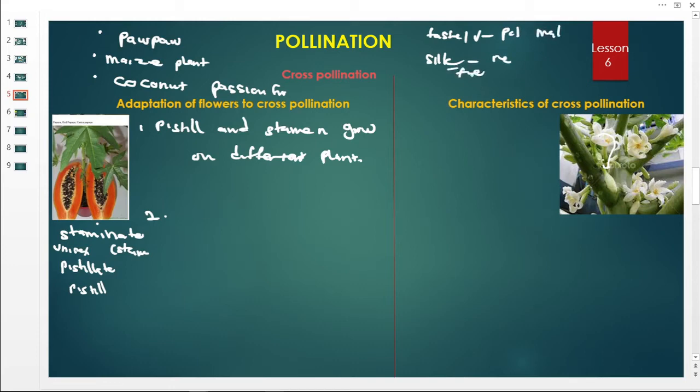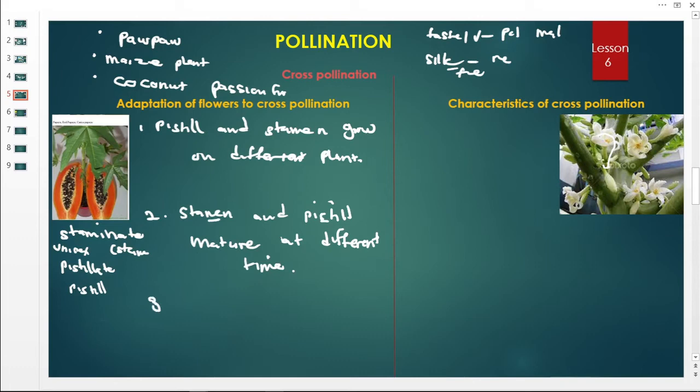So they are on the same plant, but they are growing at different times, meaning that the stamen and the pistil mature at different times. The best example is the maize.